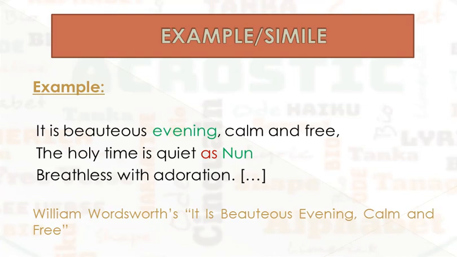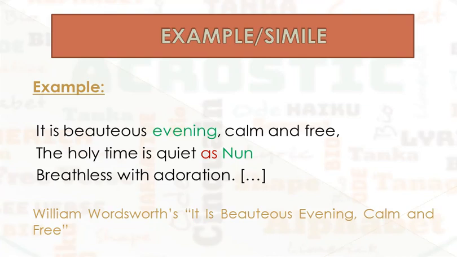Here, the poet is explicitly comparing the evening to the nun. He is claiming that the darkness and the quietness of the evening is like the nun. And here, the poet uses the word as, means similarity.